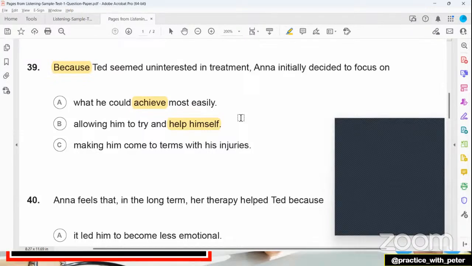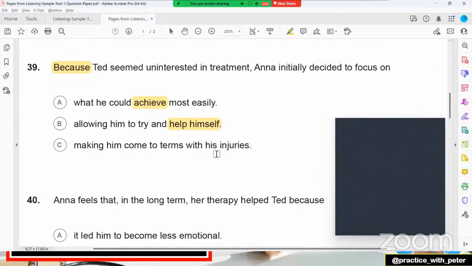Yes. Then making him come to terms with his injuries.